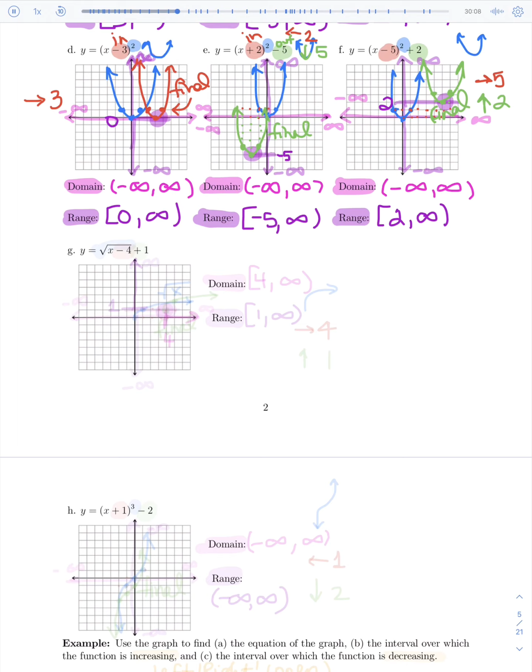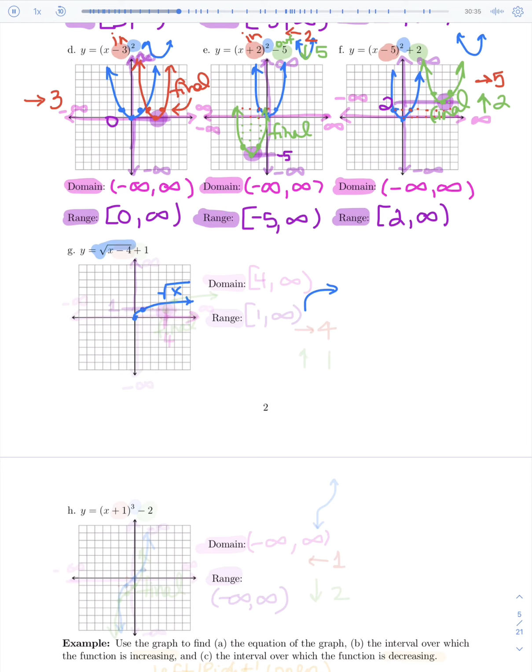Last one on this page, we should be noticing that we have a square root, which means what's the shape of a square root? Well, remember it's the half of a parabola on its side. So it normally goes through (0, 0) and (1, 1), and looks something like this when you're just looking at the regular square root of x graph.